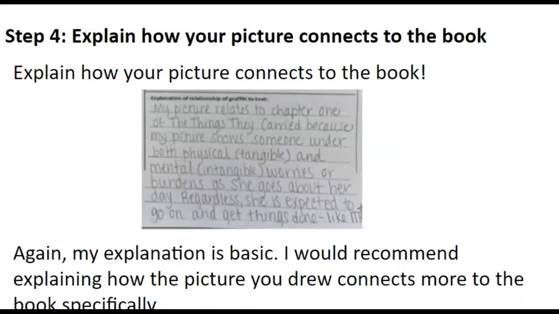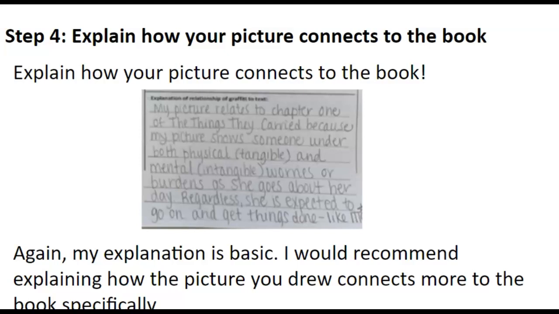Step 4, the last step, is to explain how the picture connects to the book. Again, my explanation was a little bit basic. I would again explain how the picture you drew connects specifically to the book. So I said that my picture relates to chapter 1 of The Things They Carried because it shows someone under a physical burden with tangible objects.